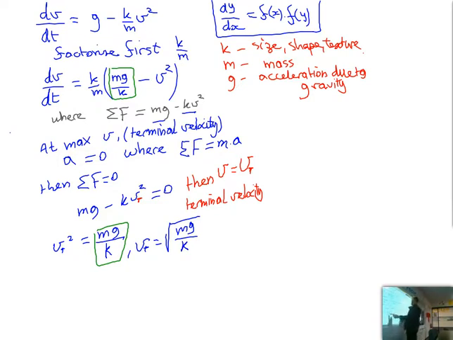So if m times gravity divided by k is terminal velocity squared, then what about this factor over here? k divided by m. What is k divided by m the same as, do you think? Can we rearrange this to get an equivalent form for k divided by m?